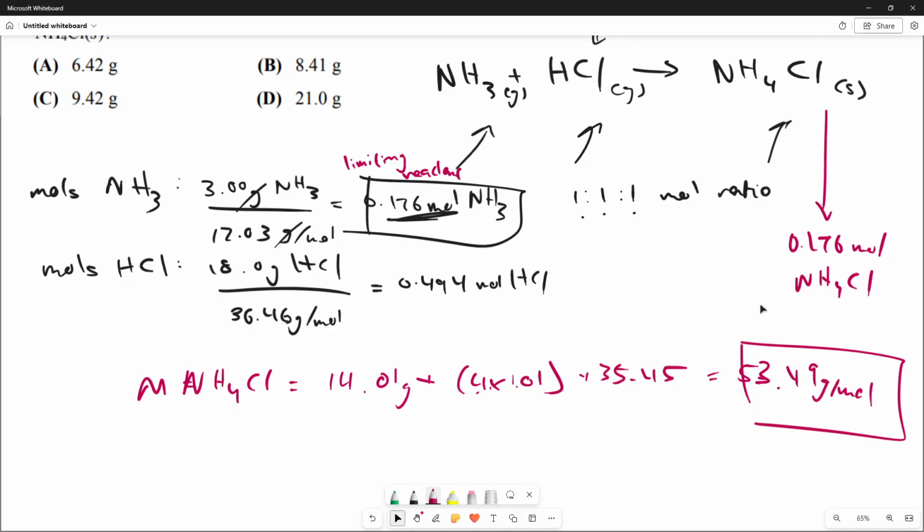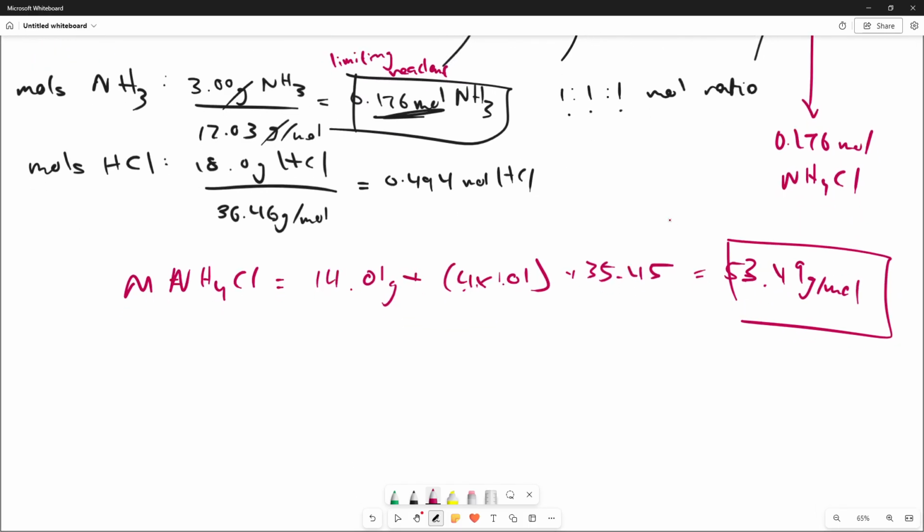We're not done. So now, since we have this many moles of NH4Cl, we're going to multiply that by the grams per mole to find the total amount of grams.